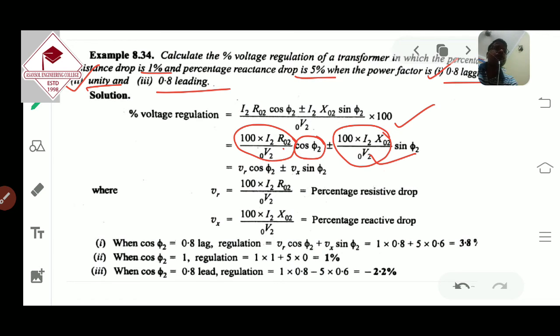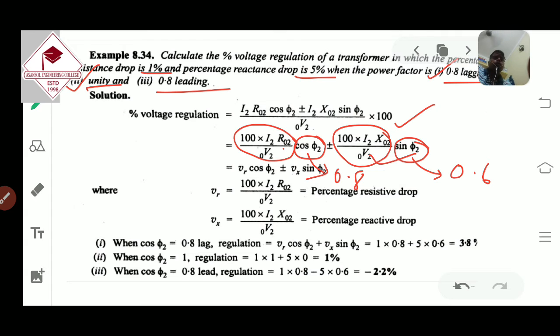We will first see the result for 0.8. So put the value of cos phi 2 as 0.8, and accordingly you should put the value of sin phi 2 also. If you know cos phi 2, you can easily find sin phi 2. If it is 0.8, it will be 0.6.